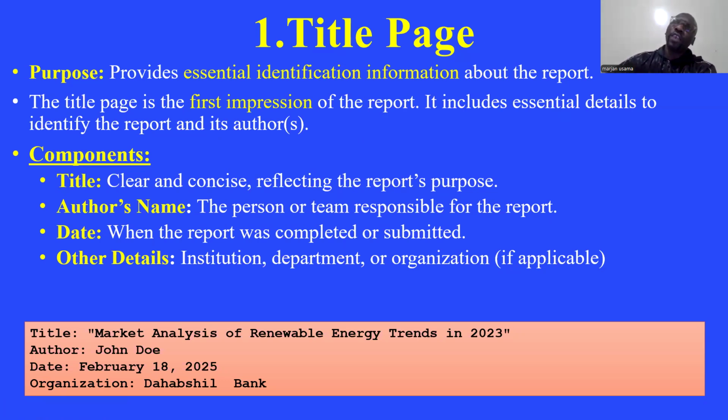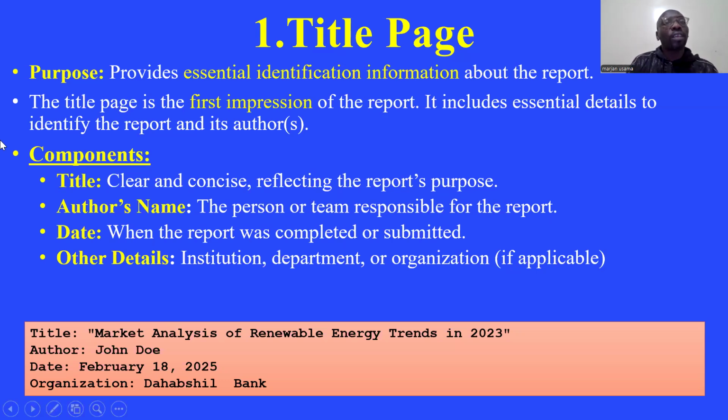For example, the effect of training and development on employee performance, a case of the Habshil Bank in maybe Hargeisa, Somaliland. So the title is very important and it needs to be clear and concise. They normally say at least your title should have between 16 to 20 words. It should not be very long.